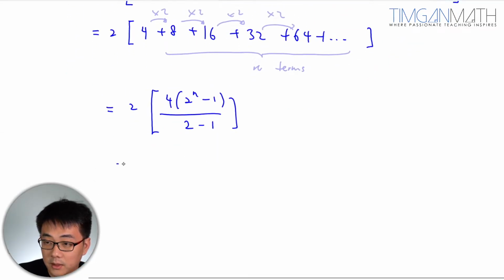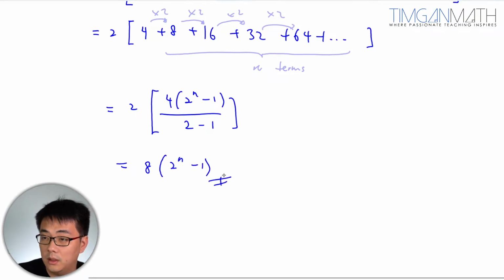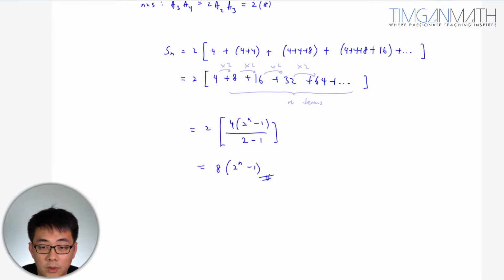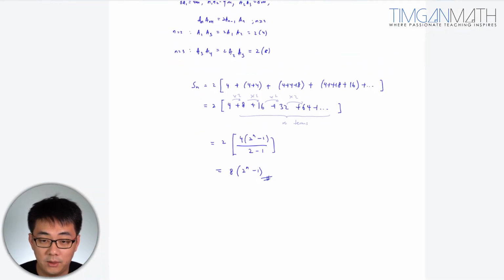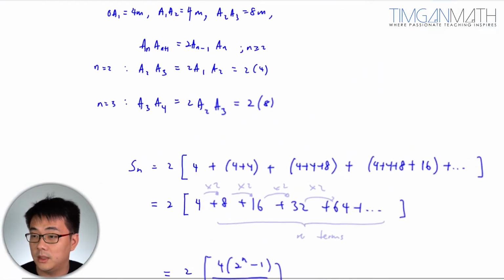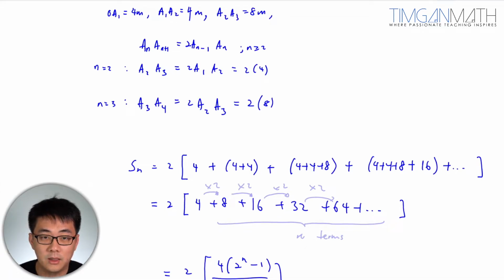And that will give us actually 8, 4 times 2 is 8, 2n minus 1. Alright, so write down an expression for distance run by athlete completing n stages. So there you go. This is how we get this part here.